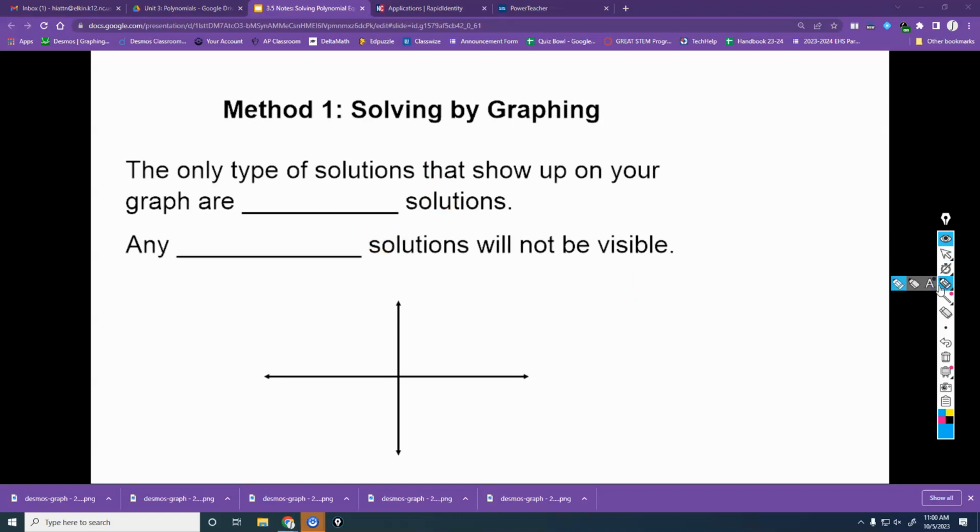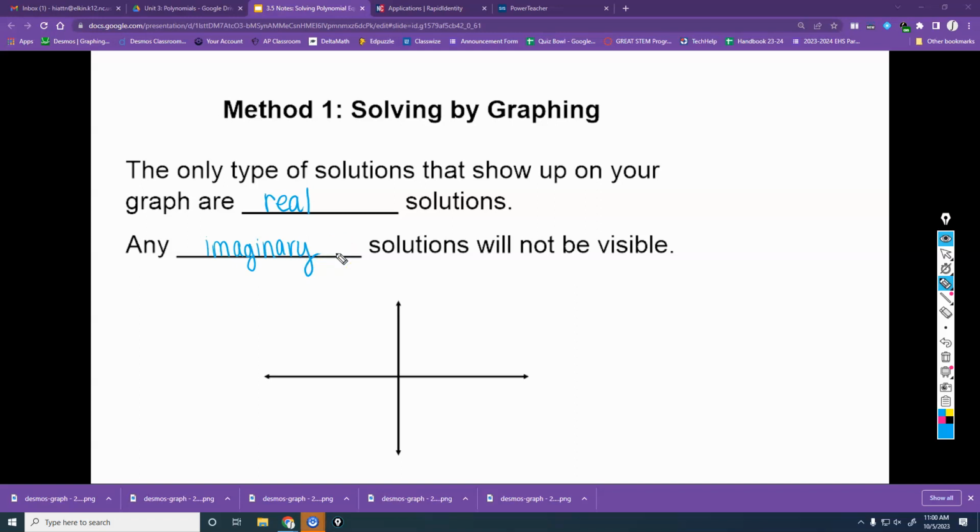So for these, the only type of solutions that show up on your graph are real solutions. Any imaginary solutions will not be visible.